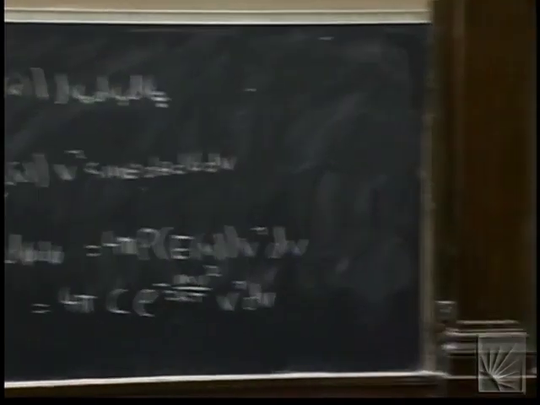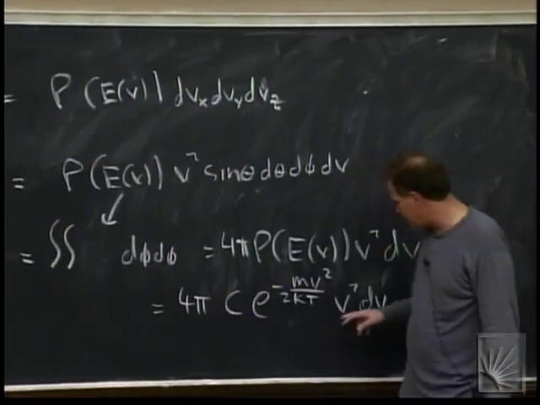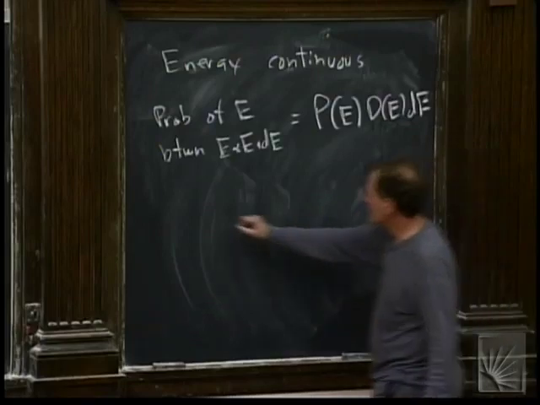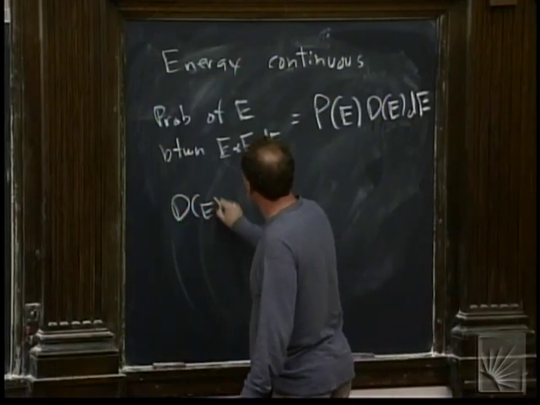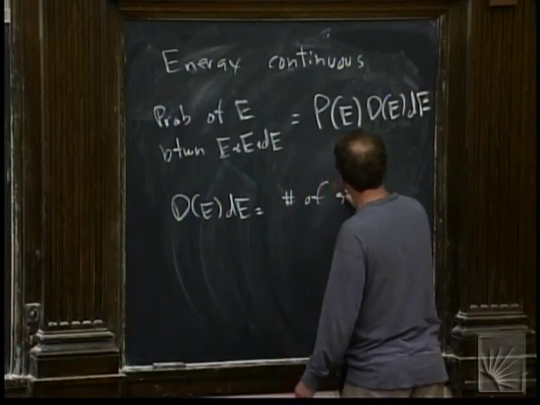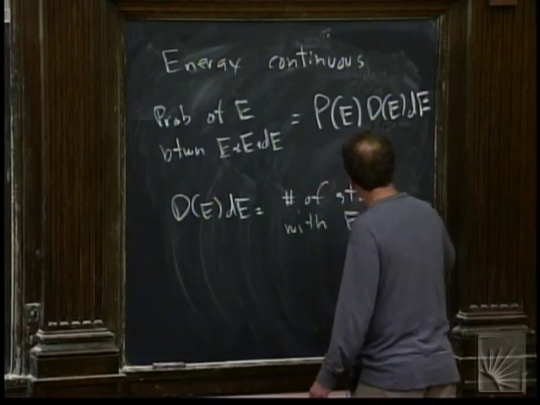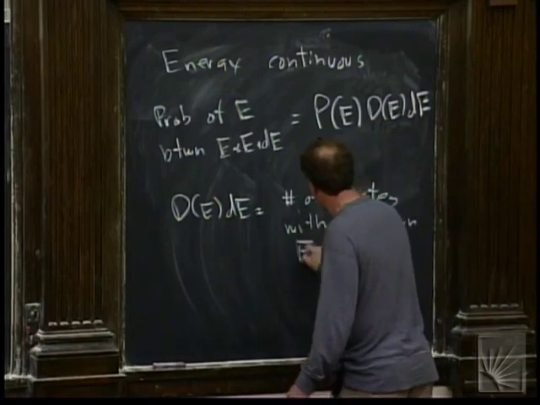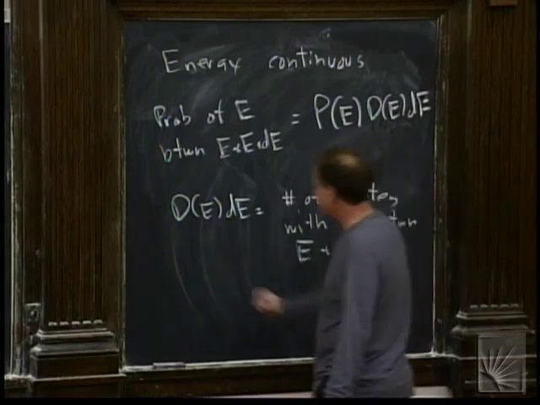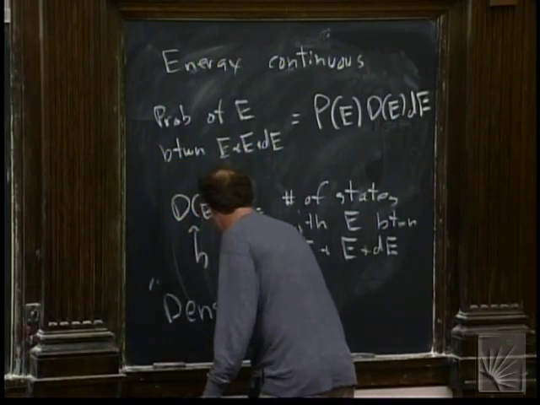This term is basically, in this case, we don't really use that language, but 4 pi v squared would have been like this d of E. So really d of E, dE, is the number of states with energy between E and E plus dE. And d of E itself, and this is an important thing, it comes up a lot. You'll hear this a lot in physics.